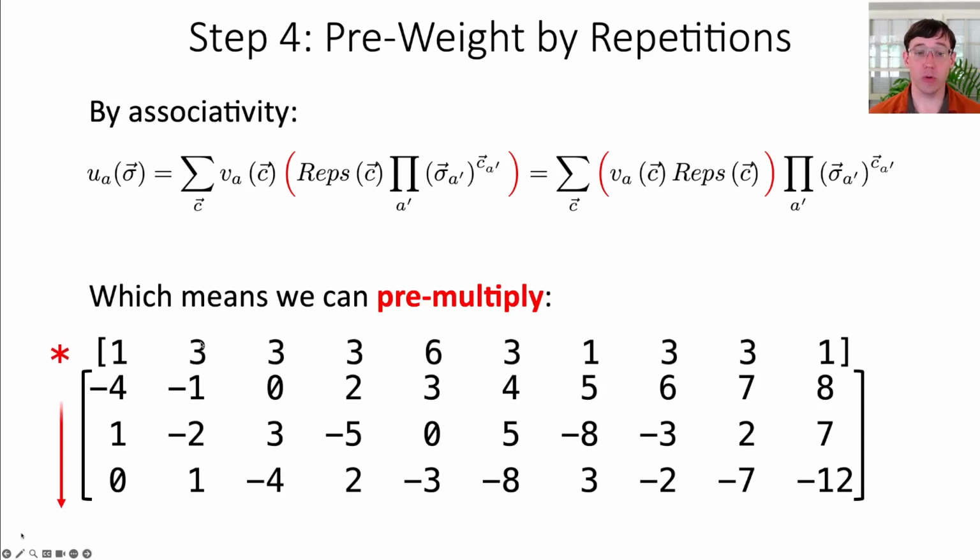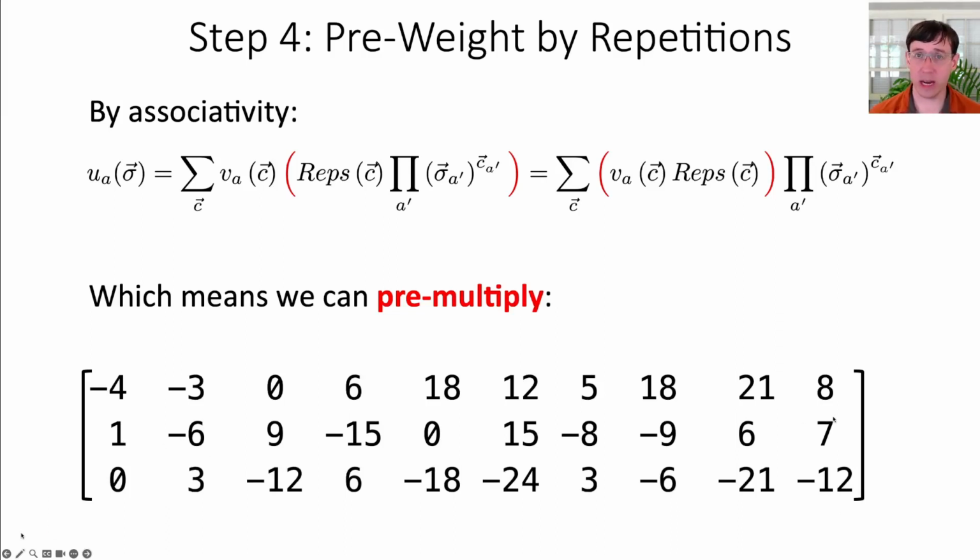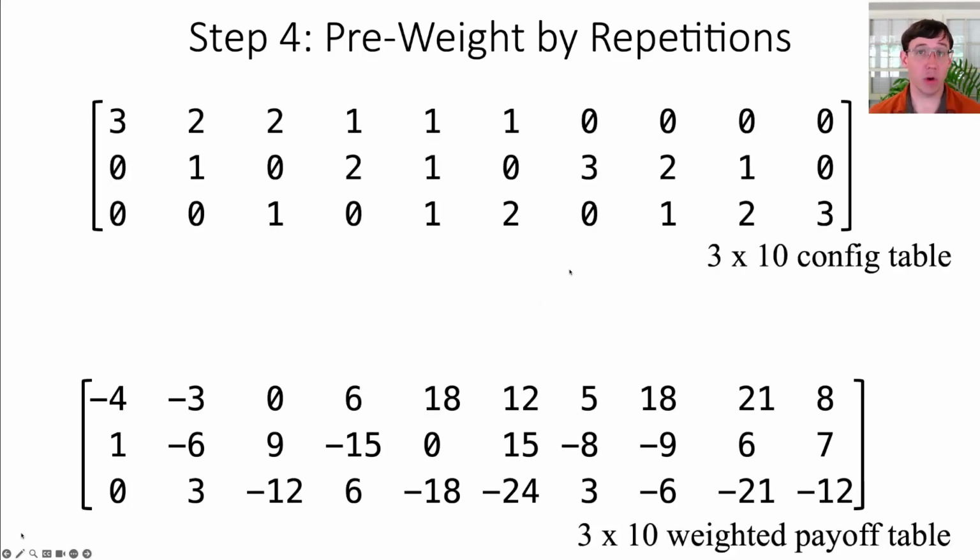So, if we pre-multiply the payoffs by the number of repetitions, this gives us a repetition-weighted payoff array, and we now don't even need to store the repetitions because they've been pre-multiplied into the payoffs. So we're back to storing just 2 arrays, and when we calculate deviation payoffs, we can skip the steps of finding the number of repetitions and multiplying by them.